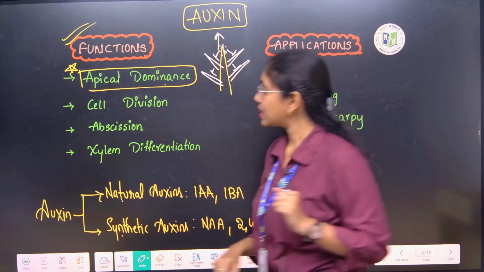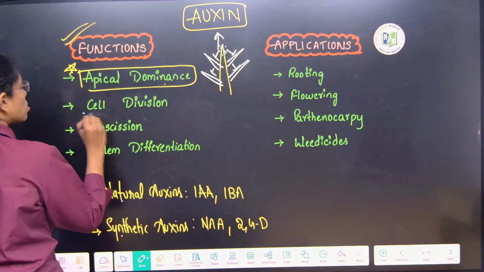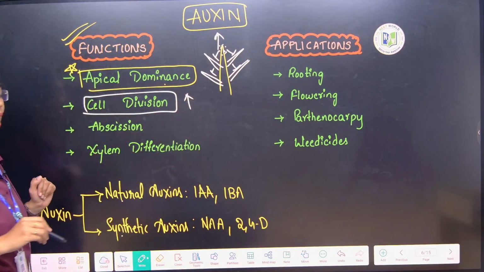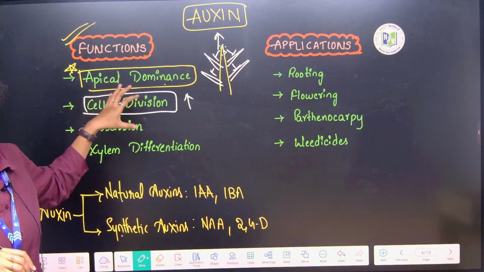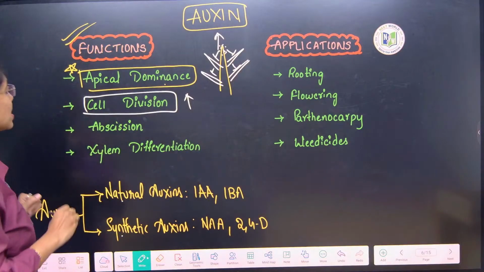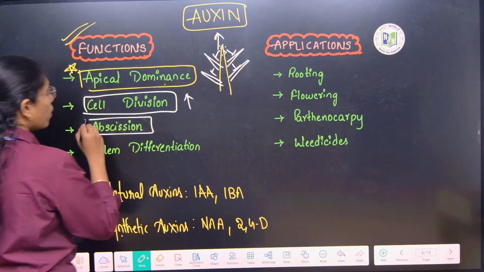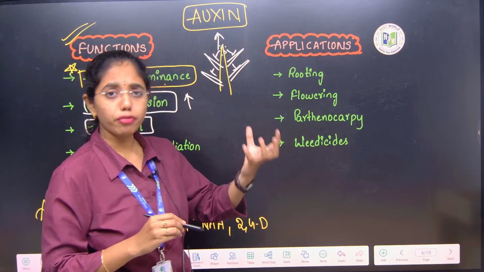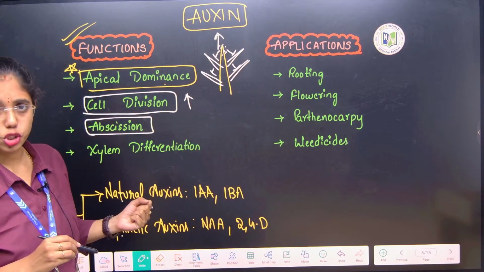Second is cell division. Auxins will promote cell division, thereby an increase in cell number happens and this plays a major role in formation of the primary plant body. Next is abscission. What is abscission? Fall of older leaves and ripened fruits from the plant is known as abscission.